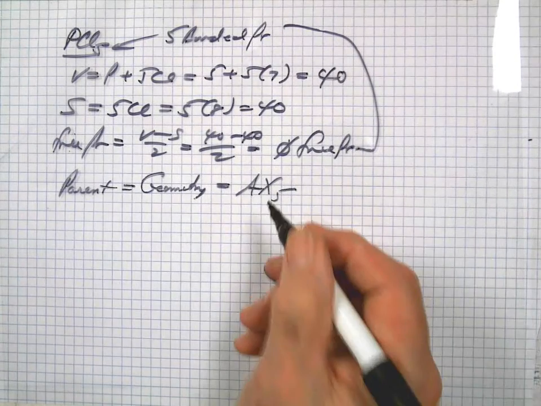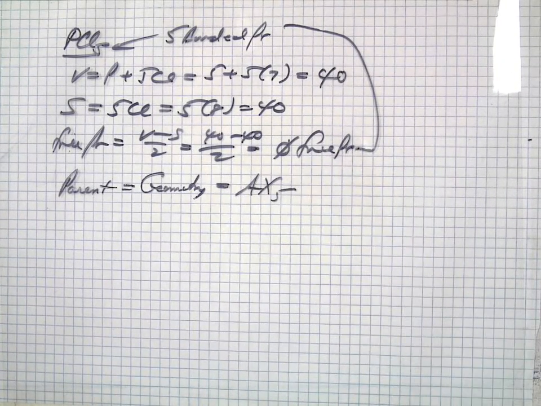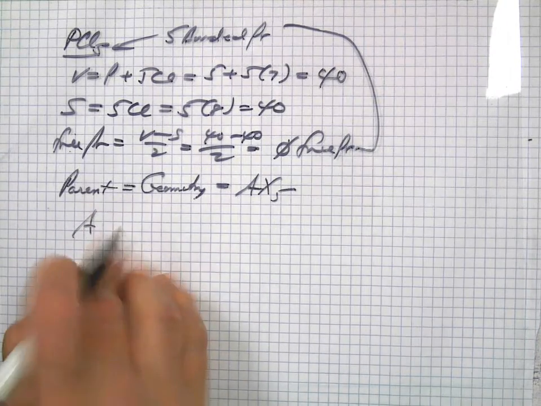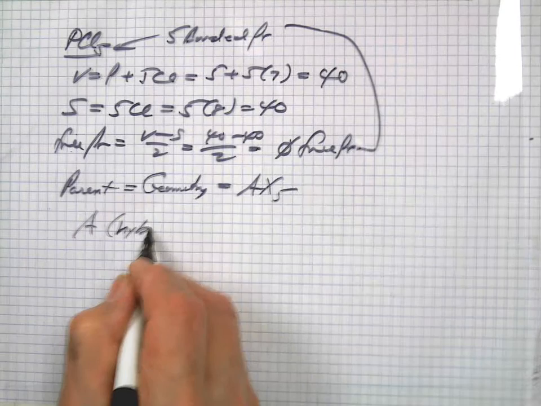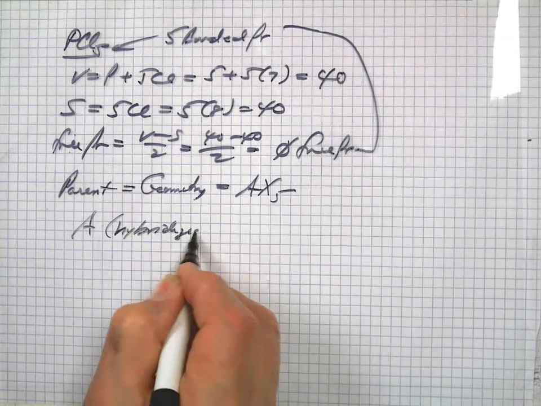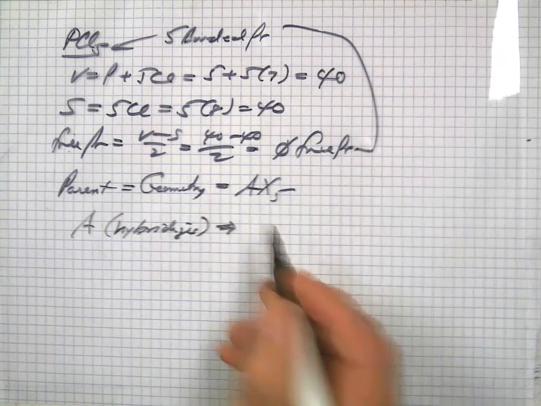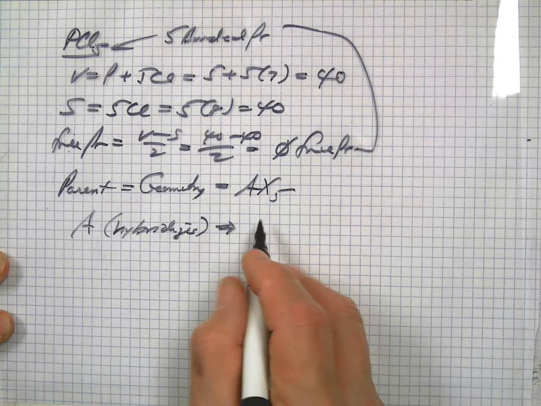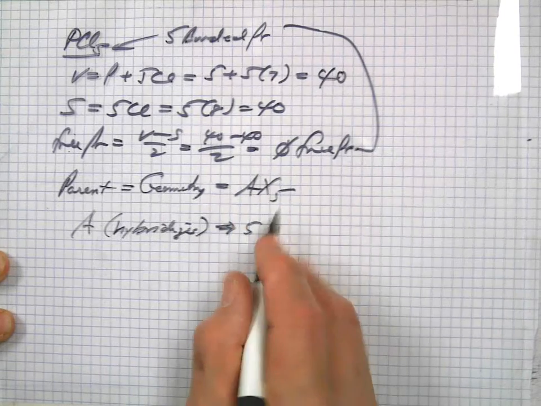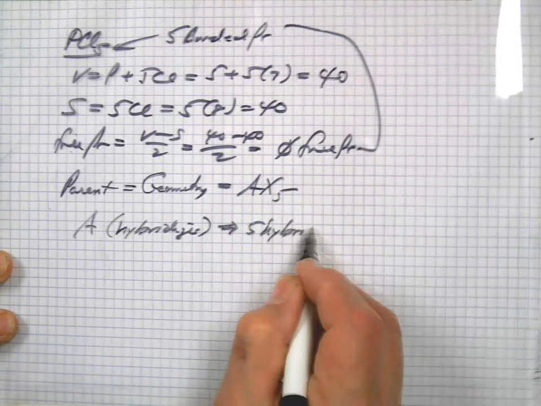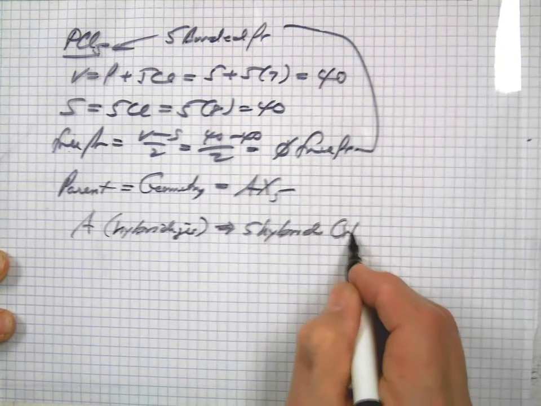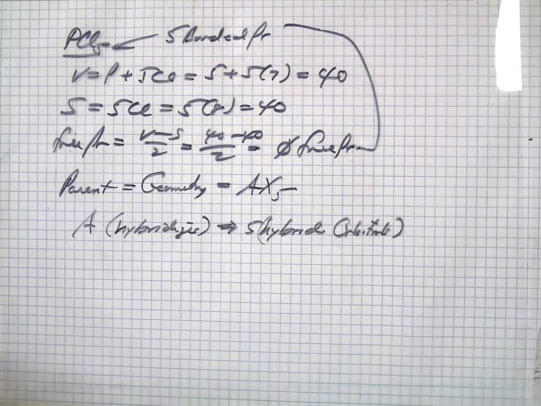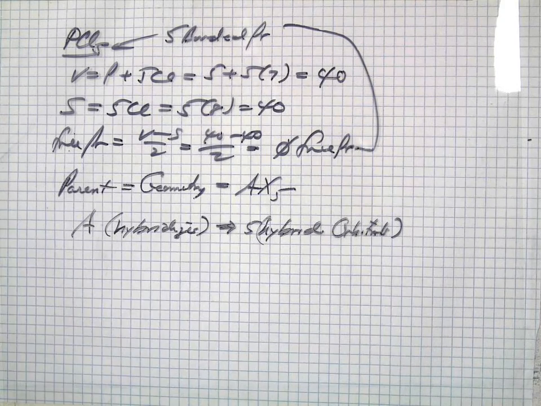AX5. Well, to accommodate those 5, the central element A undergoes hybridization to 5 bond orbitals, what we call 5 hybrid orbitals. Each one with 1 electron in it. Some of them will have 2 later.